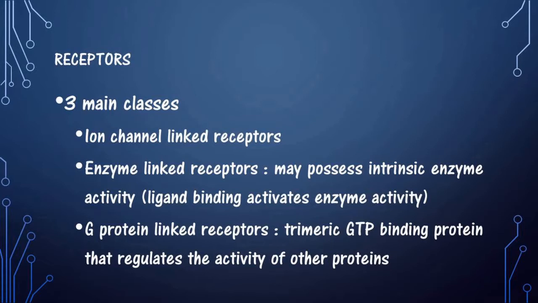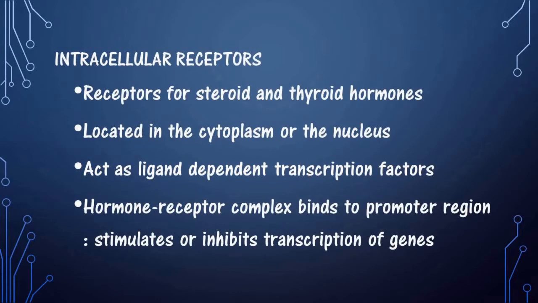So these are the three classes of receptors. You have extracellular receptors and intracellular receptors. The intracellular receptors include the receptors for steroids and thyroid hormones, and they are located in the cytoplasm or the nucleus.